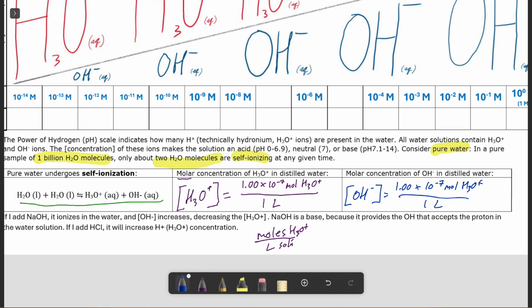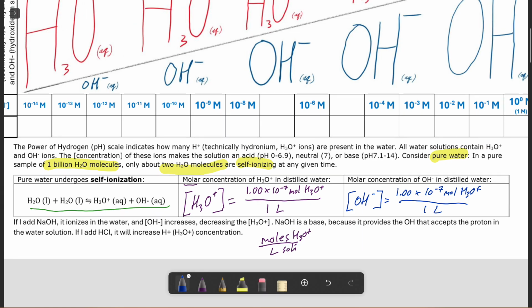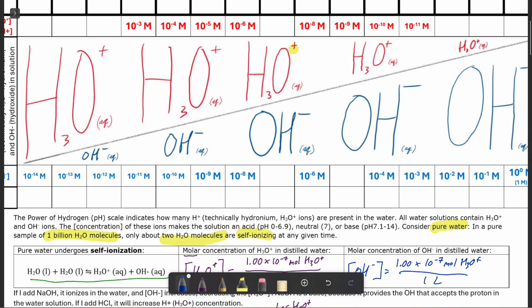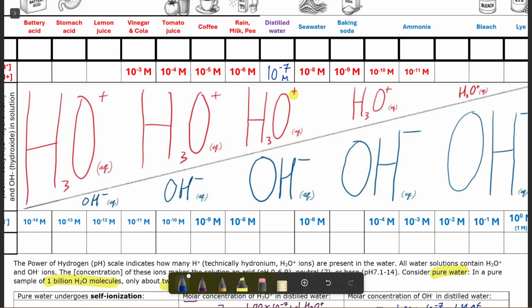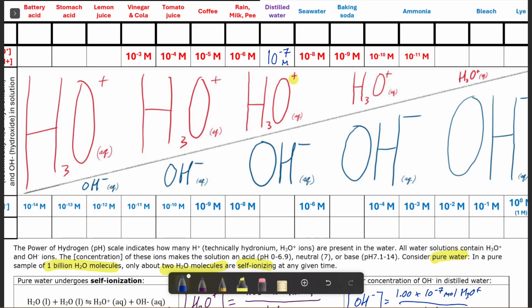So in distilled water, you have this interaction where water is kind of doing this to itself. And up here, I can represent that. I'm going to write right here, I have 10 to the negative 7 molar concentration of hydronium ions. And hydroxide, I have 10 to the negative 7 molar concentration as well.